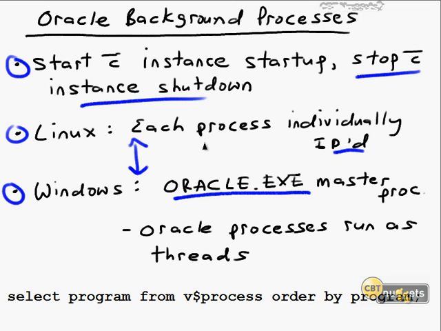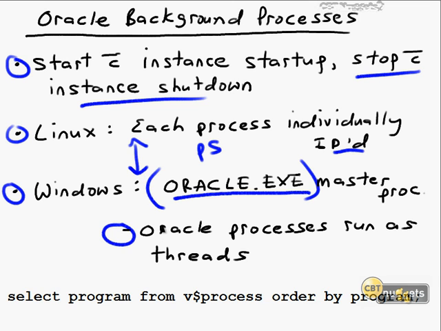You can see them singly or separately if you run the ps command, and each process is given a process ID. For many reasons, well documented, Oracle decided to tuck the Oracle background processes as threads underneath a single master process. And that makes sense. Nobody wants to keep track of a dozen or so separate processes in Windows unless they absolutely have to.